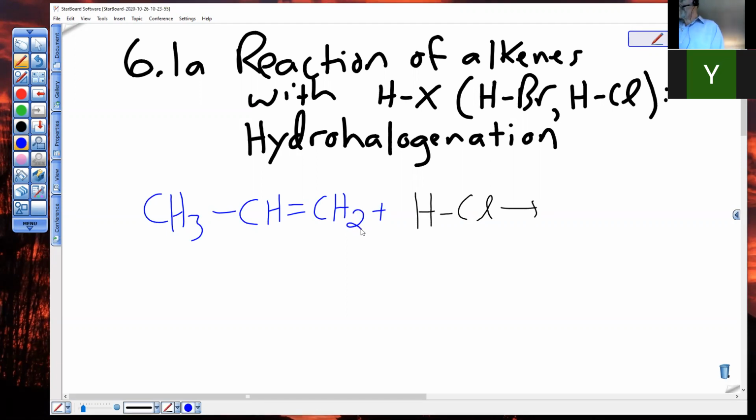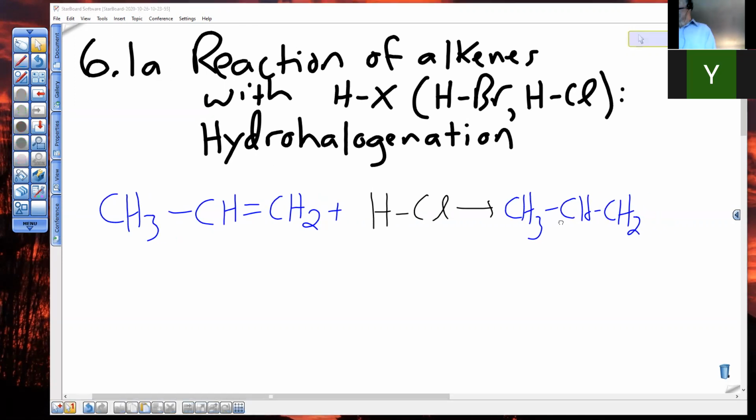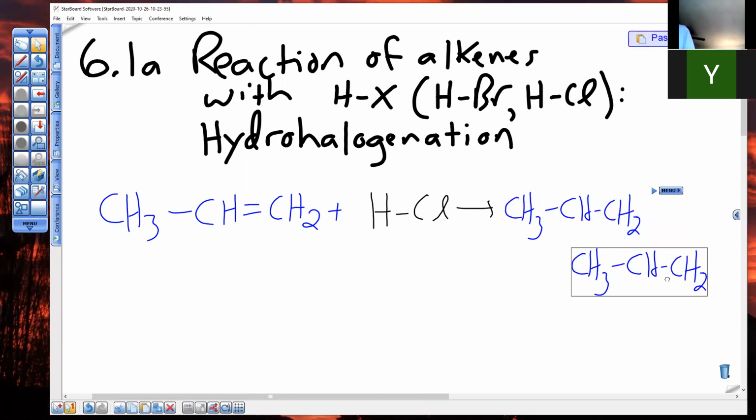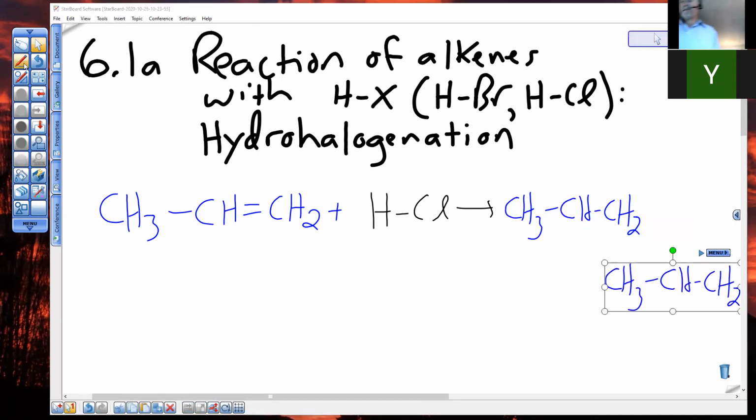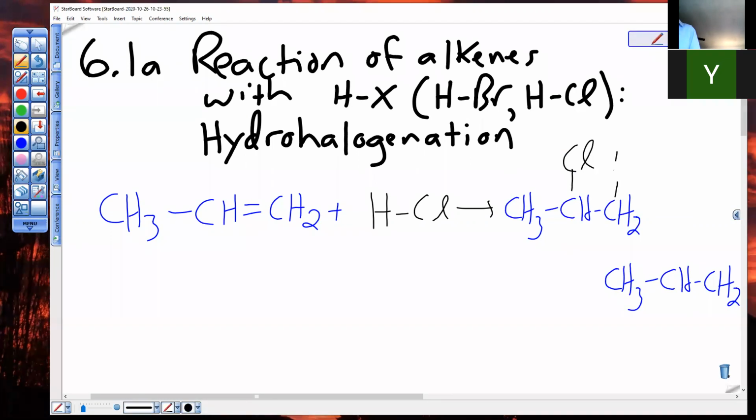There, fix that. You get 2 products. Both have the same skeleton. And one of the products, the Cl, goes in the middle carbon. And you get the H part of HCl there.